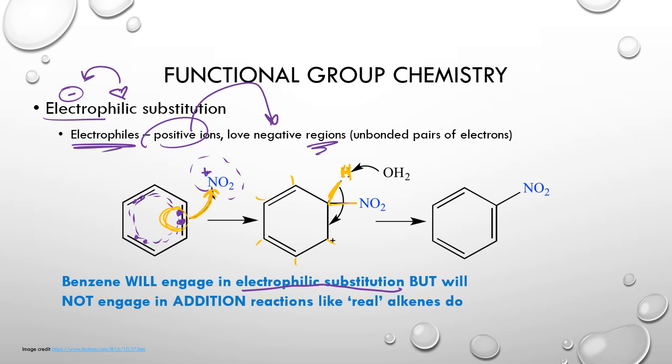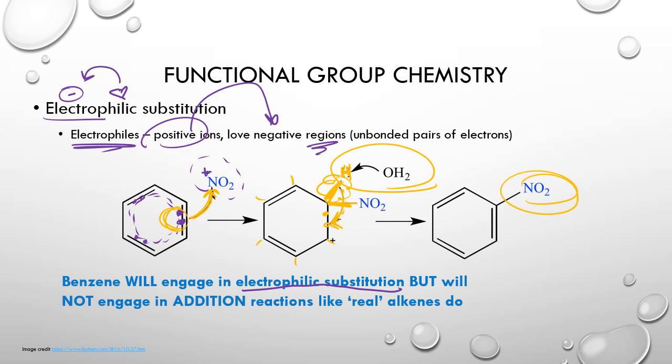For a very short time, we have this super unstable thing where we've got a lot of stuff going on. But then these electrons that are here are going to get pulled back in. Again, notice the direction of the electron movement, get pulled back into that resonance space inside the benzene molecule. We're going to pull out that H and turn it into something else, probably a water molecule.